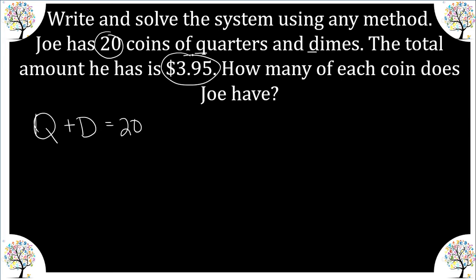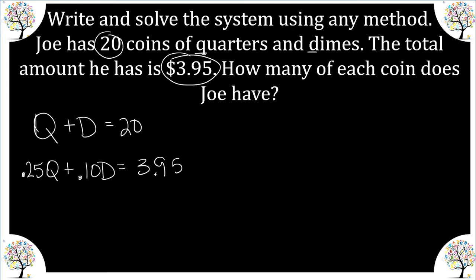Now let's represent the total of how much he has. The value of a quarter is 0.25 times how many quarters he has, plus a dime is 0.10 times D, and the value that he has altogether is 3.95. So we have equation 1, equation 2.